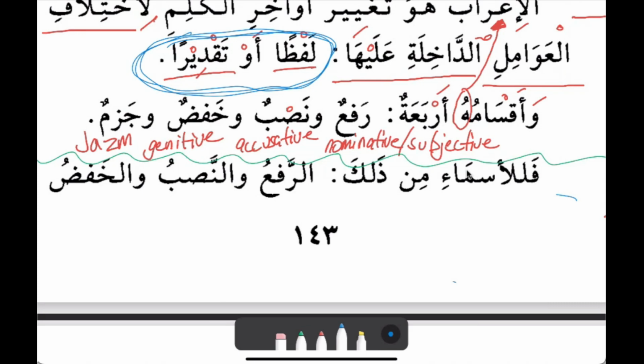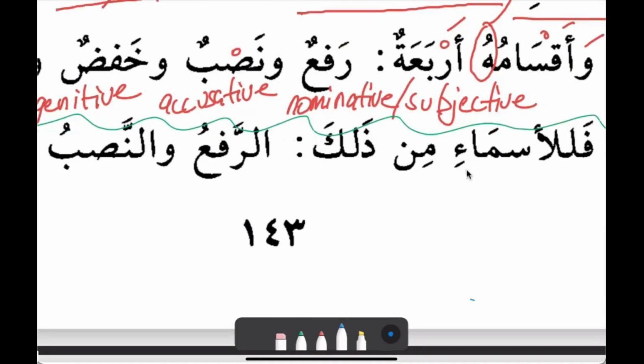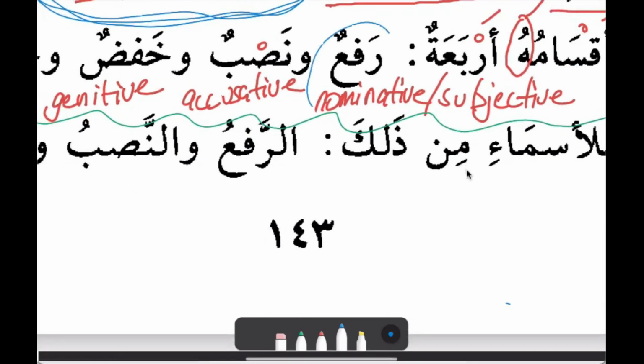What are these? These are slots to be filled in a sentence. One of these slots is most important, which is rafa'. That's why it's always mentioned first. Rafa' is going to be for the subject of the sentence and for other things.